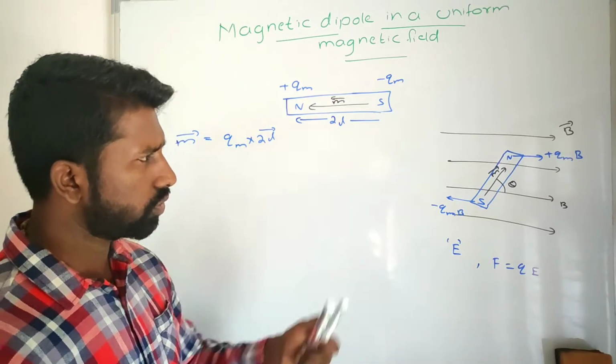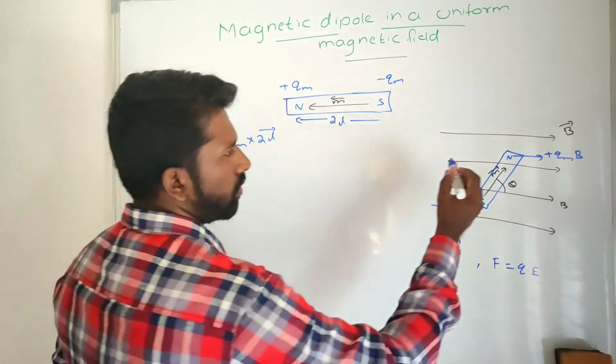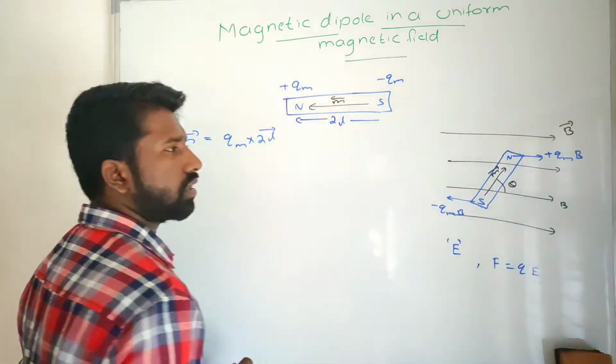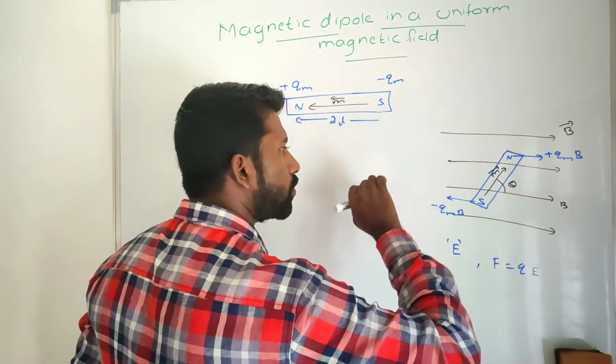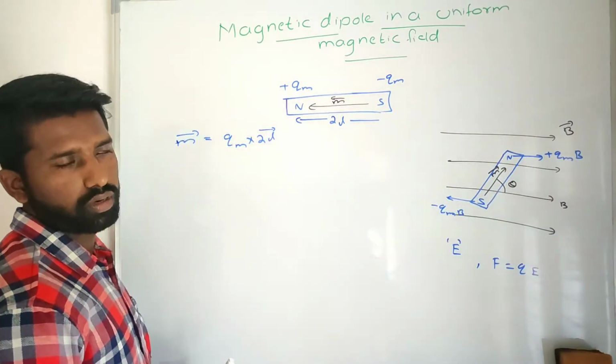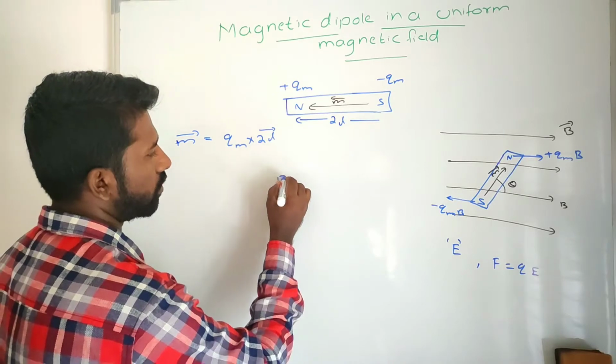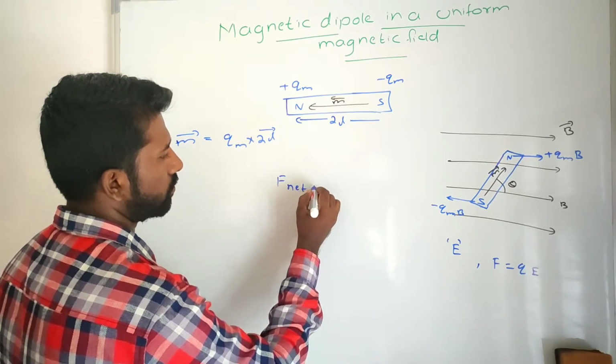Now these two forces are in opposite directions and equal. So the net force acting on the dipole is 0.